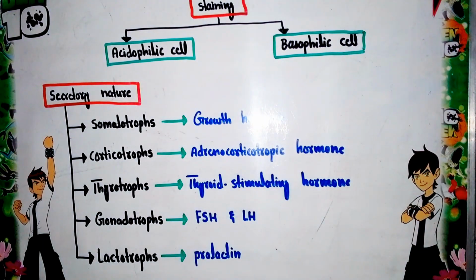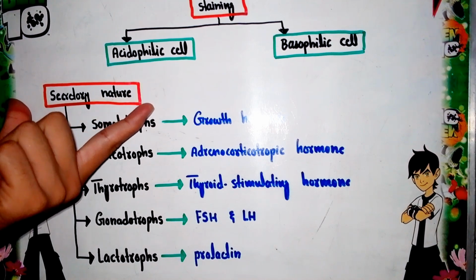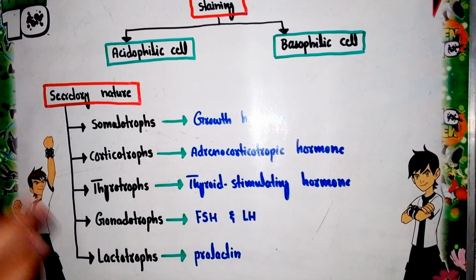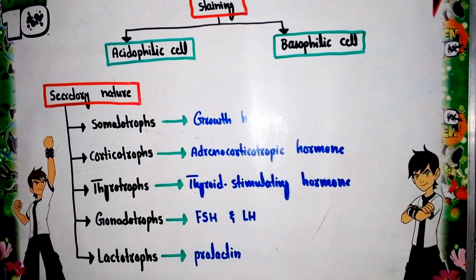Now let's come to the second classification of the chromophore cells, that is on the basis of secretory nature, that is, what type of hormone these chromophore cells secrete. On this basis we have five types of chromophore cells.